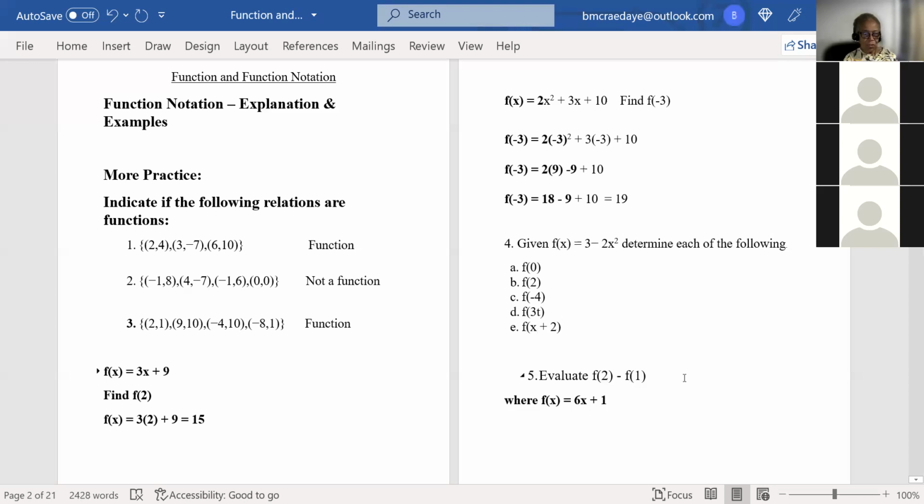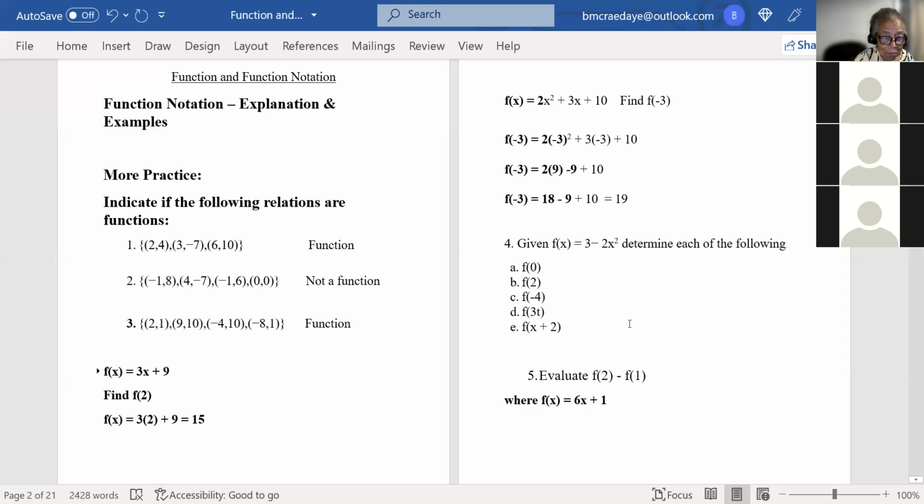Okay, so do those. When I say f of something, an expression, whatever that expression is, you're going to substitute it for the variable, Audrey. So the x plus 2 will be put here for the x, and then you're going to square it.